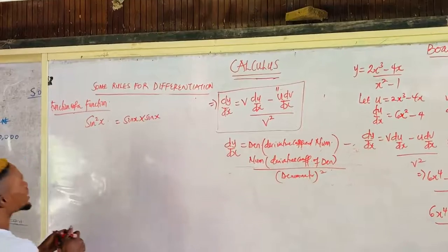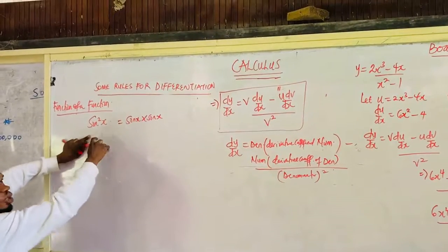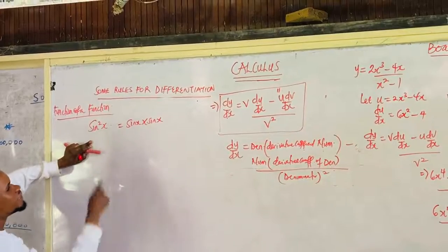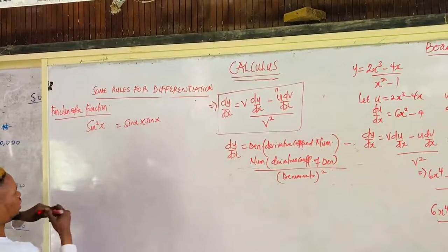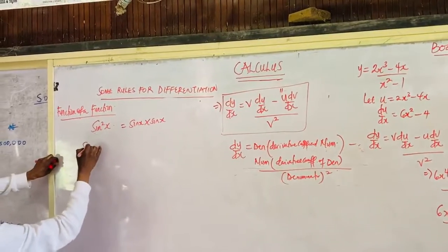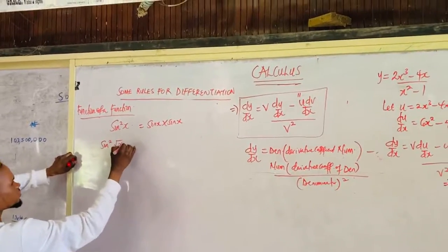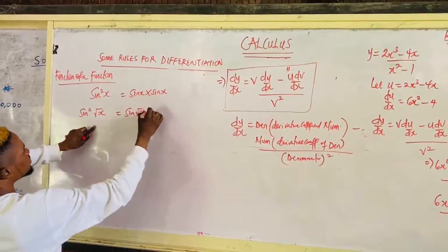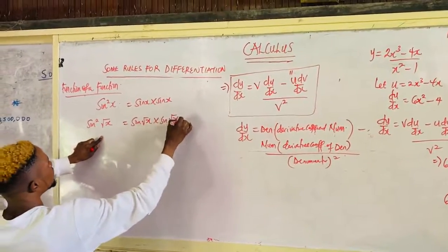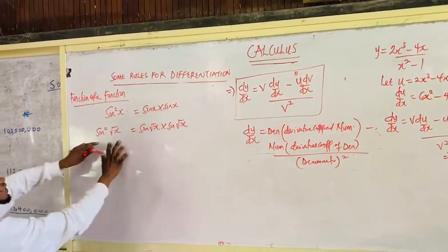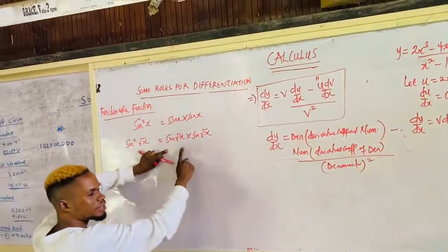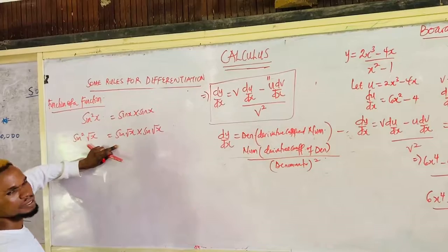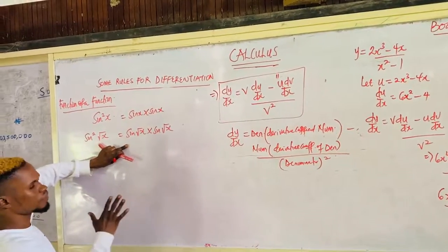Now, this sine squared x is a function of sine x, while sine x itself is a function of x. Look at this, sine squared root x. That's the same thing as sine root x times sine root x. Now, this sine squared root x is a function of sine root x, while sine root x itself is a function of what? Of root x. That's the function of a function.